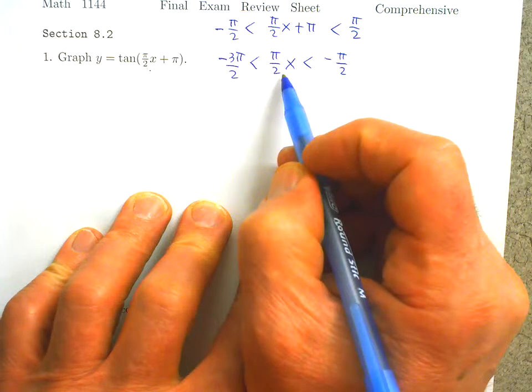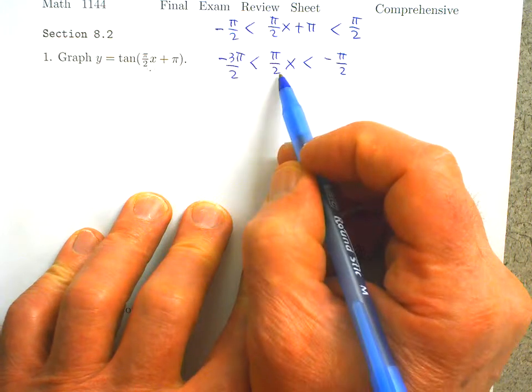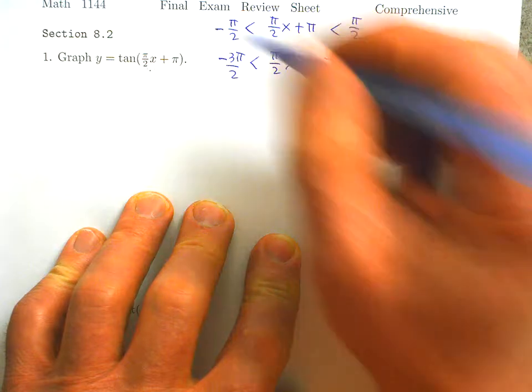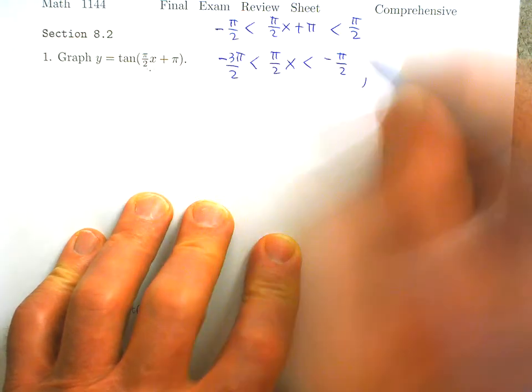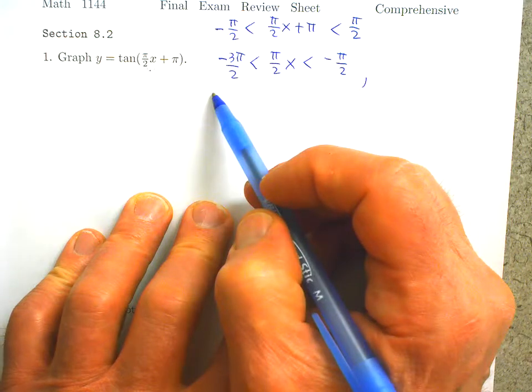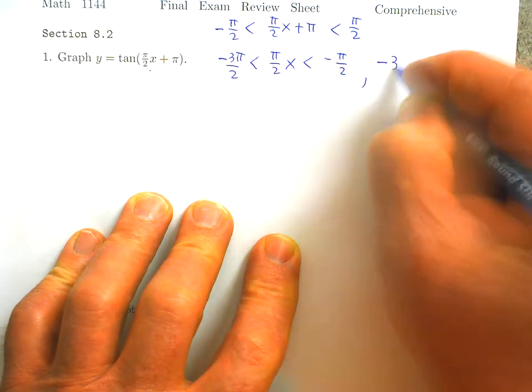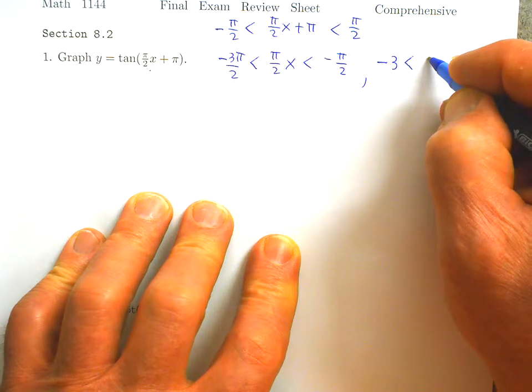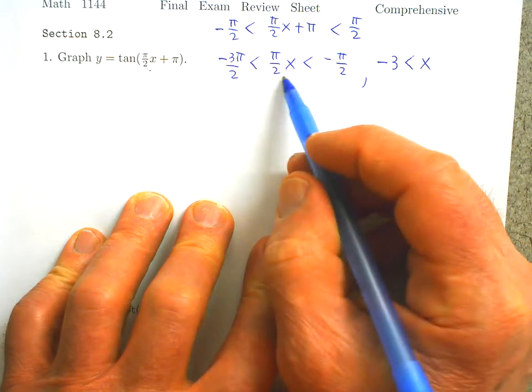And then we're going to multiply all three parts by the reciprocal of pi over 2. So in other words, multiply by 2 over pi. So 2 over pi times negative 3 pi over 2 is going to be negative 3. And in the middle, we get x when we multiply by the reciprocal of pi over 2.